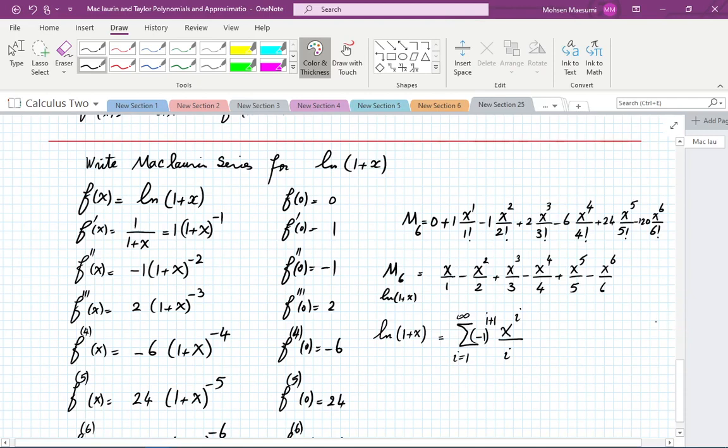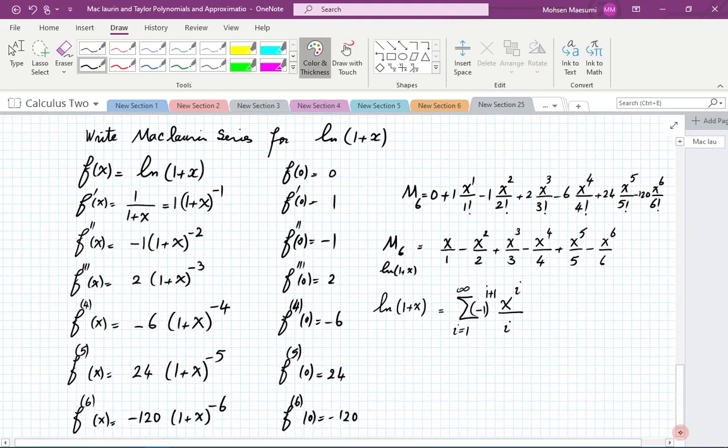Do they always work? Well, this one we are going to see that you have to choose x less than 1, and there are more issues with respect to convergence of this one than the others. So hopefully we'll come back to that issue in a later example.